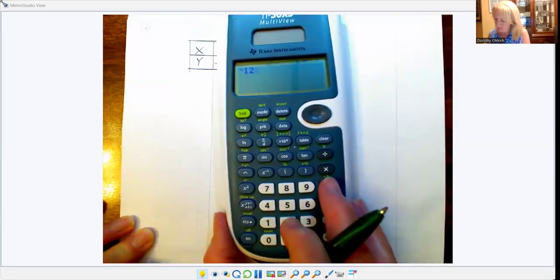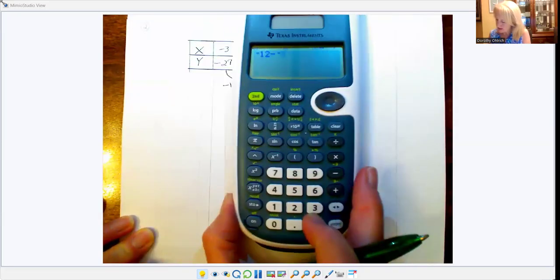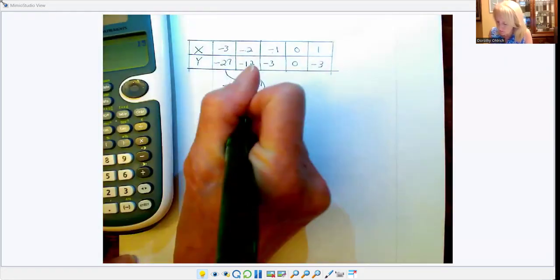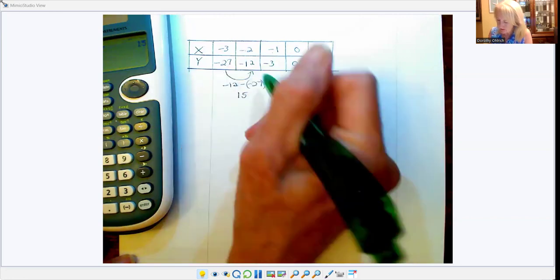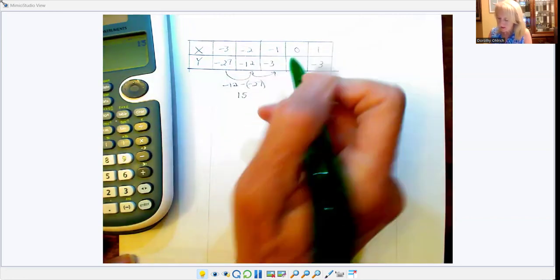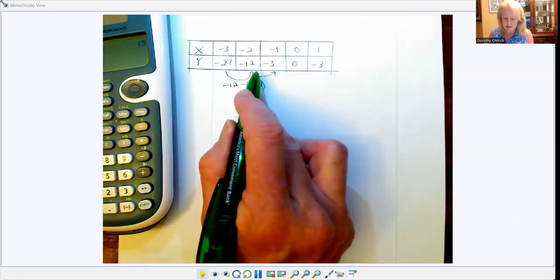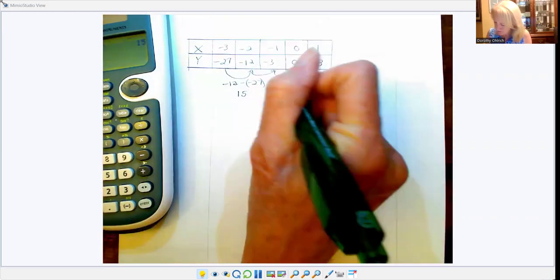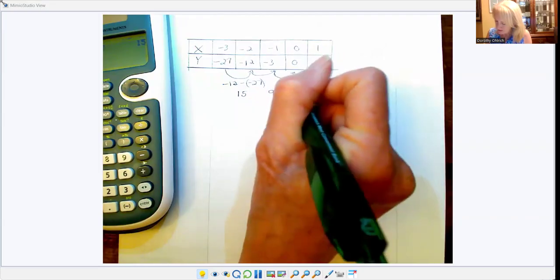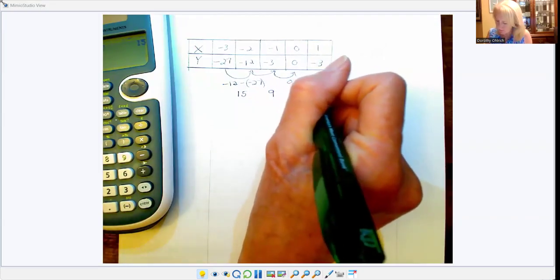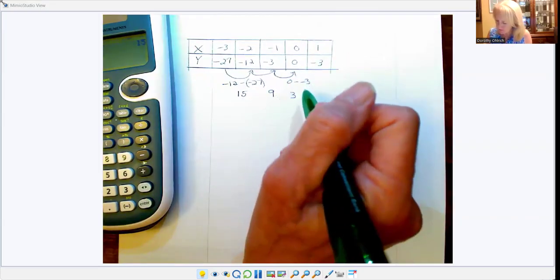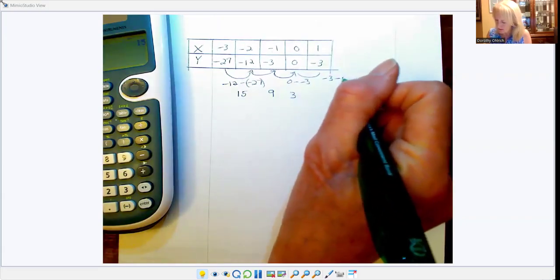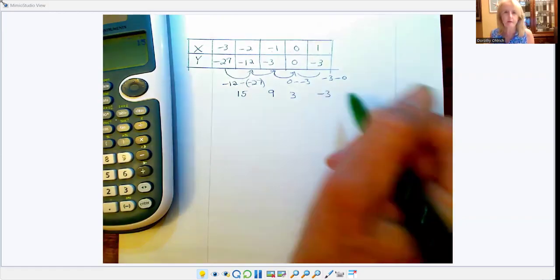So it's positive 15. Negative 3 minus negative 12 is 9. 0 minus negative 3 is positive 3. And negative 3 minus 0 is negative 3.